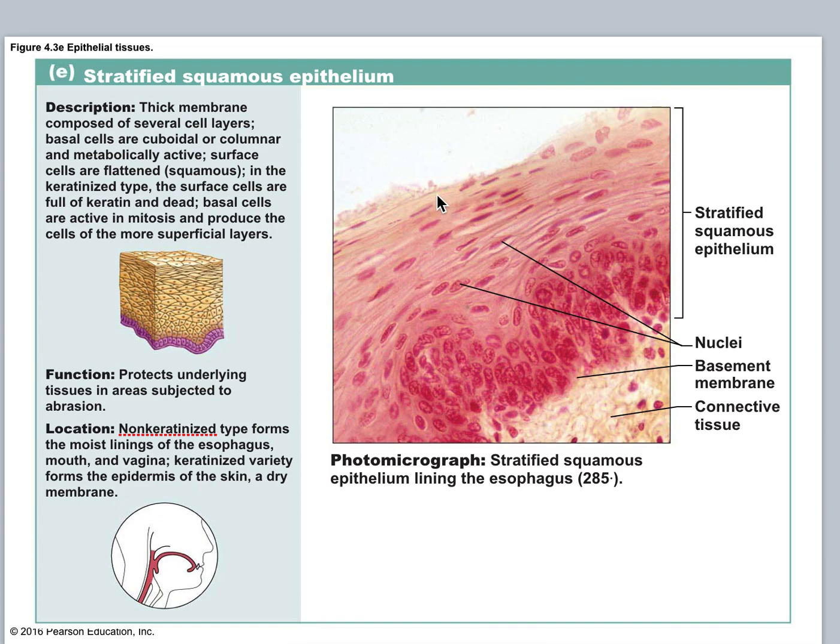That's why it's called stratified squamous epithelium as opposed to stratified cuboidal epithelium, because it has those stratified flat cells here, but it's also got cuboidal cells here. It gets the name based on the cells on the apical surface of the epithelium. So since the apical cells are flat, it's called stratified squamous epithelium.